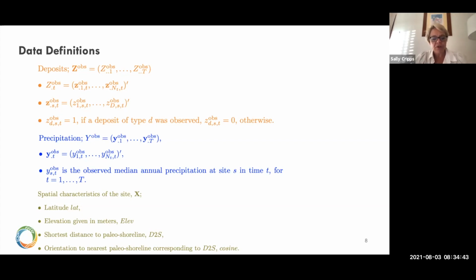Notice that longitude is not one of the spatial characteristics, and that is not to say that we don't have longitude in there, because clearly the longitude, together with where the continental plates were, is going to determine the distance to the nearest shoreline and to which side of the continent that particular site belonged.